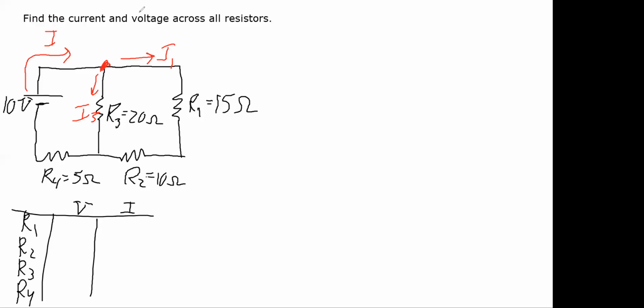And so what we're going to do with this, and it's kind of standard, is to simplify this to one resistor. I want to get the equivalent resistor for this whole circuit. In doing that, we've got to look at which resistors are in series and which resistors are in parallel.